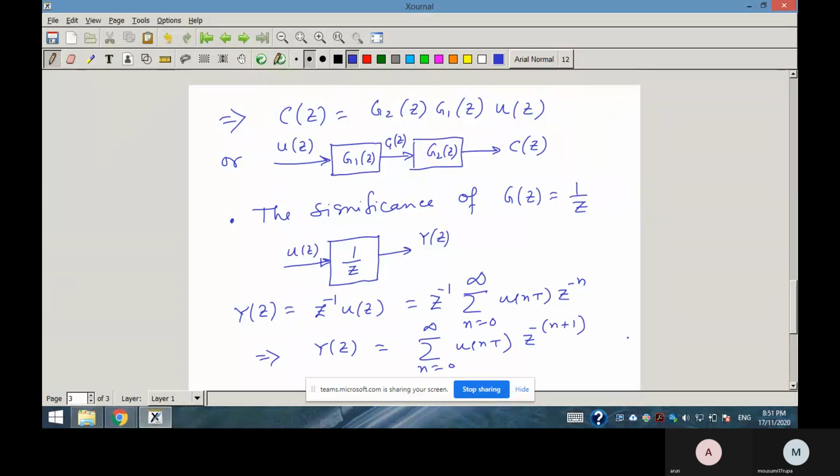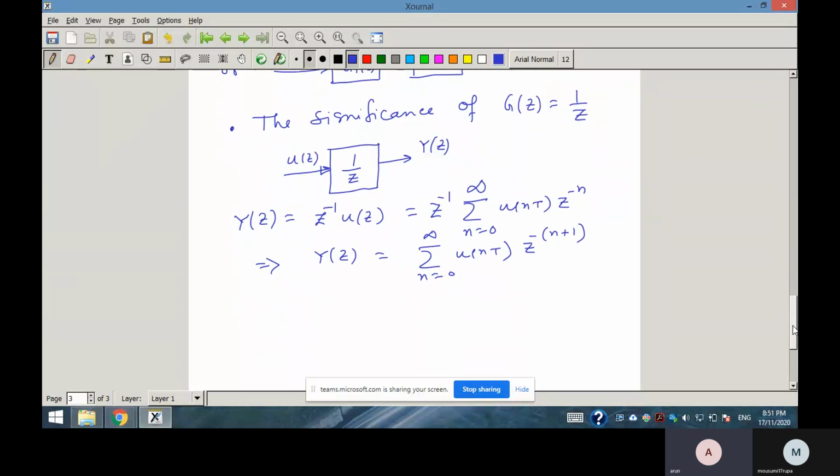Okay, so this can be written like this. Yz is the summation of n equal to 0 to infinity. Now suppose n plus 1 equal to m. n equal to 0 means m equal to 1.